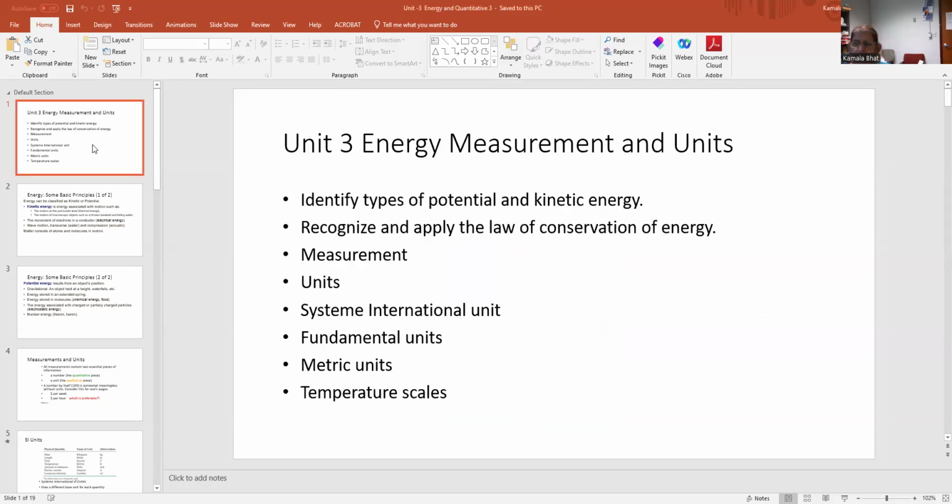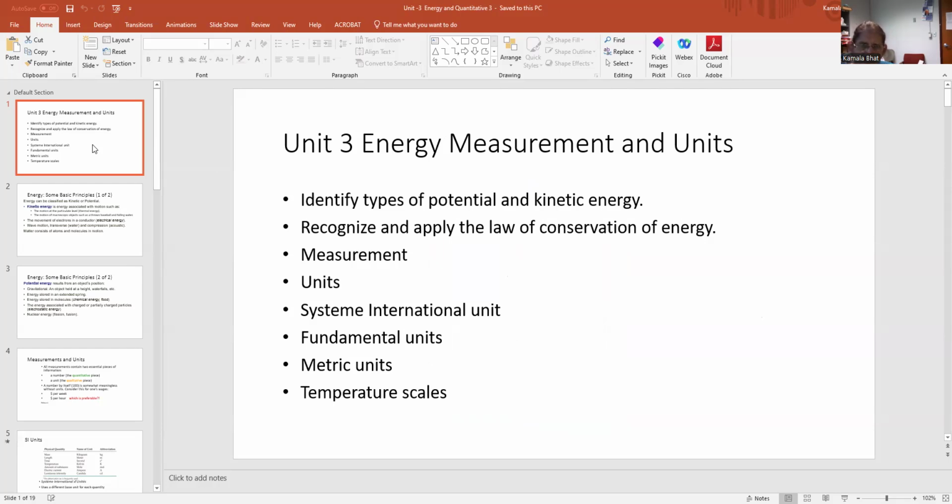Unit 3 deals with energy, the types of energy that there are, and I will introduce the law of conservation of energy so that you can recognize and apply this particular law towards a self-study problem at the end. After that, we are going to do measurements and what the units are.